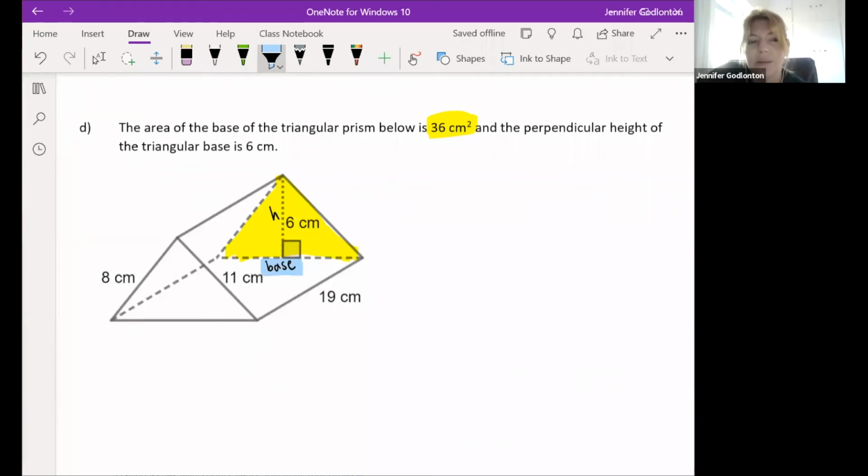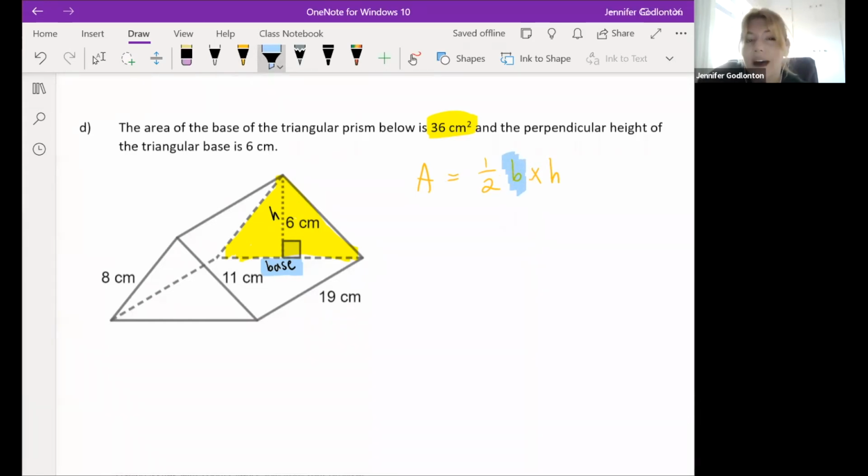So think about how you can work backwards by using your formula for the area of a triangle, which I'll write out over here. The area of a triangle is equal to half base times height. Think about how you can use that formula and work your way backwards to find this base that we don't have right now.